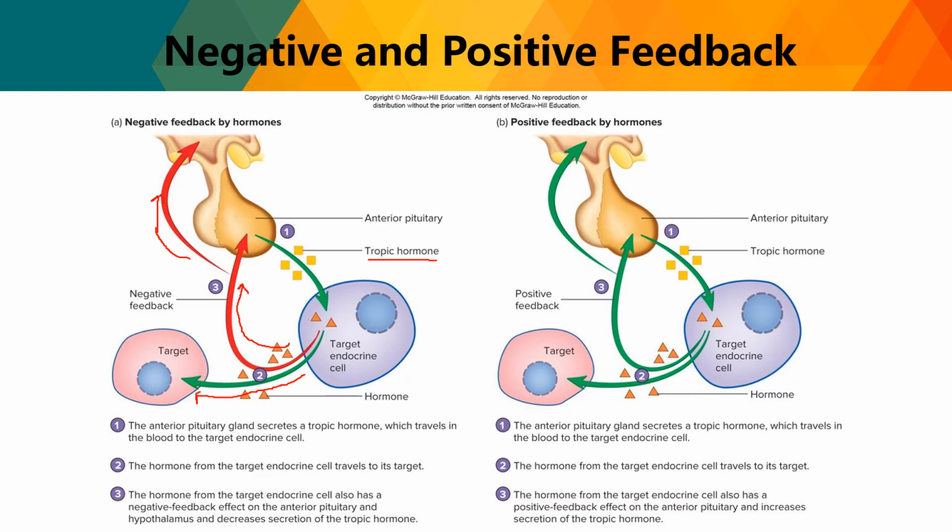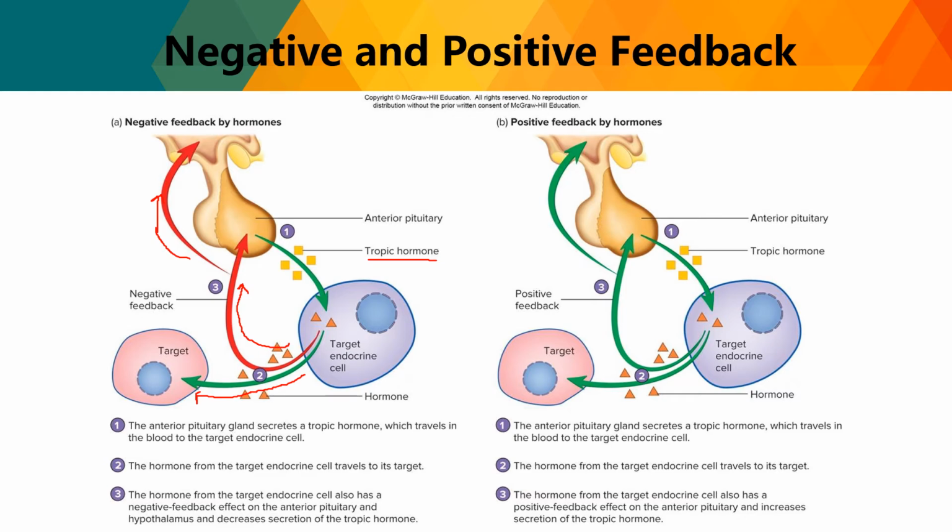Okay? So that is actually how the negative feedback loop happens when it comes to releasing of hormones. But on the other hand, as you see, lahat ng arrows dito sa positive feedback, more stimulatory sila.